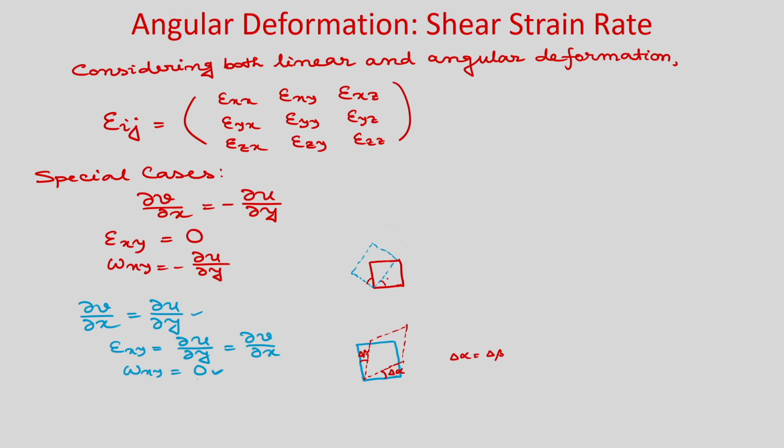Obviously, if you have the same angular deformation like this, delta alpha equal to delta beta, then there will be no rotation of this fluid element. However, it will undergo an angular deformation.